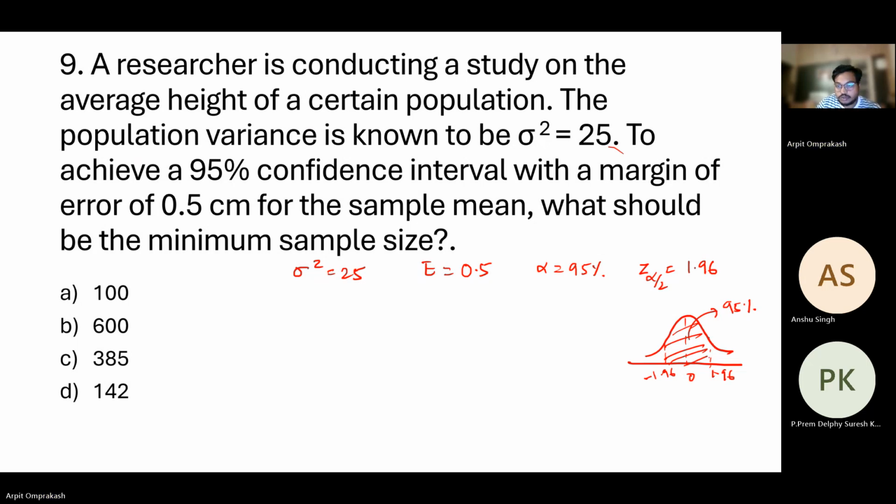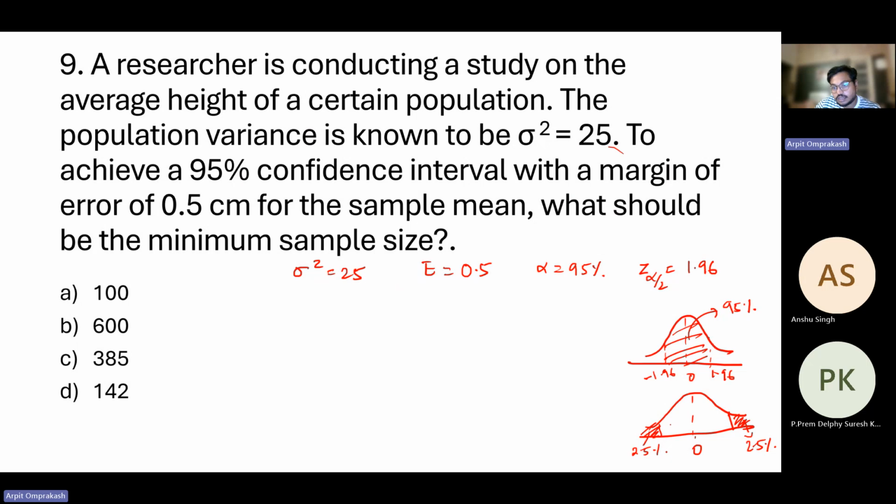So basically what you should have here is a distribution like this. So this area should be 2.5%, and this area should be 2.5%.